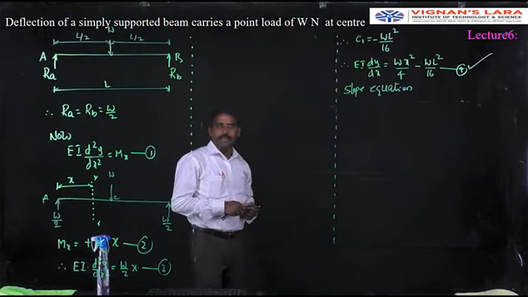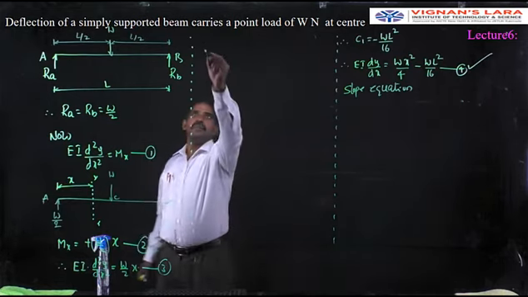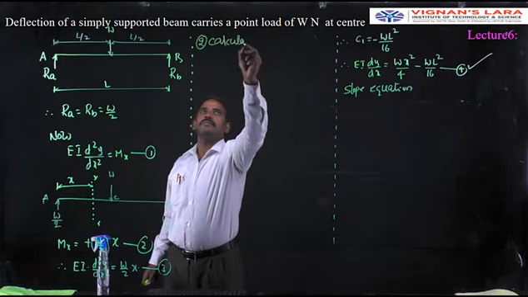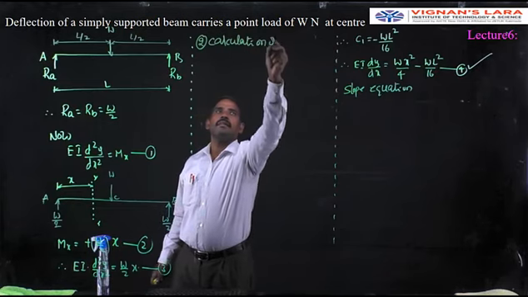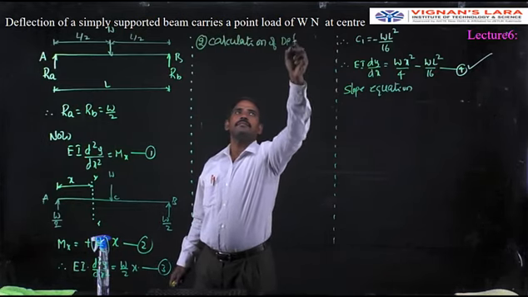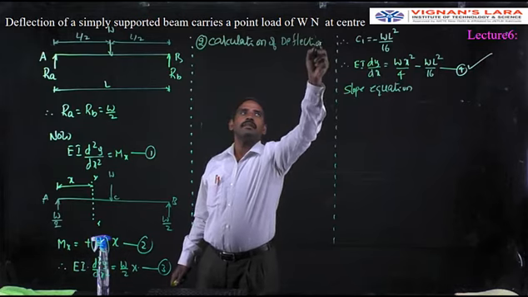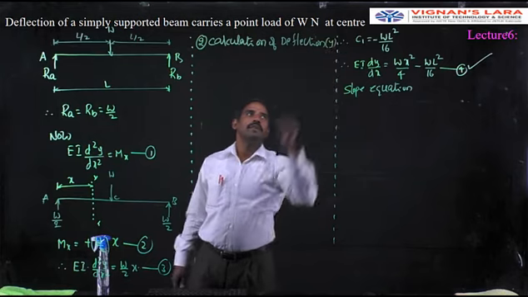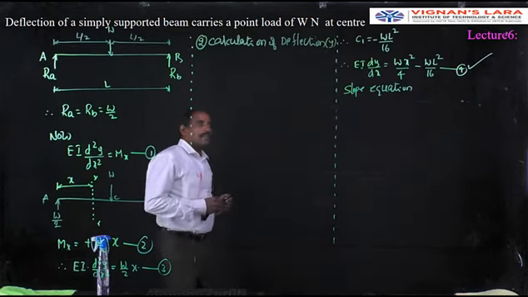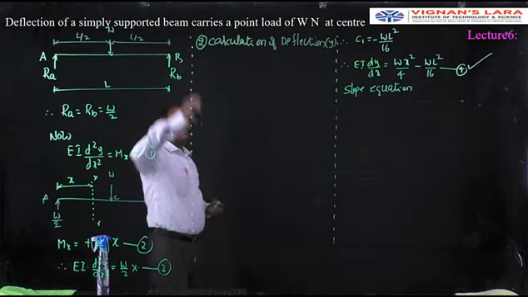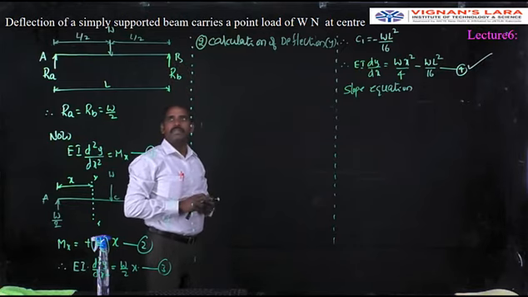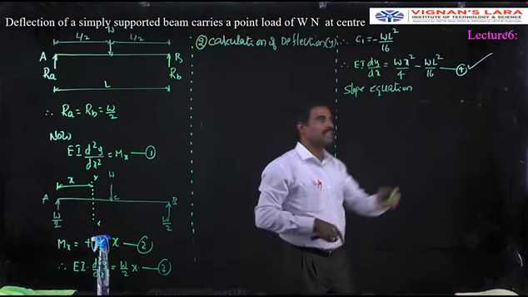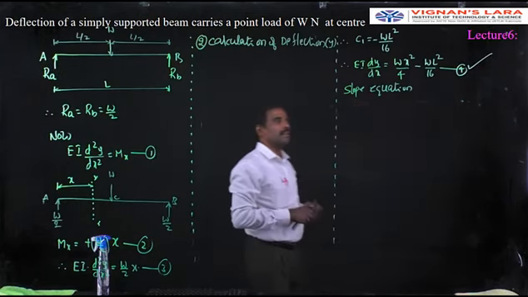Now calculate the deflection. The second part is calculation of deflection. The deflection is represented as usual by y or delta. The deflection of a simply supported beam subjected to a load W is obtained, particularly in this case, by integrating equation number 4.